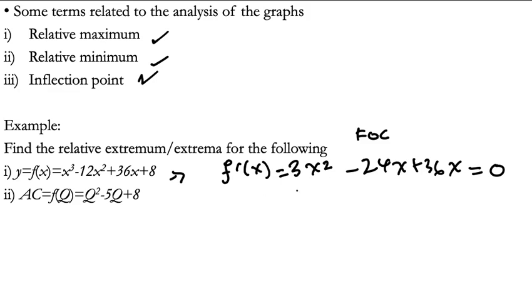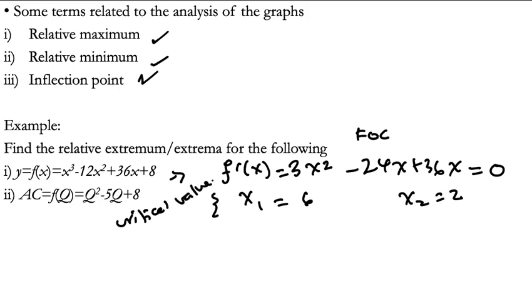Because this is a quadratic function, you can find x using factorization. I won't show you the method, you have to find it yourself because this is a very high school thing. So we have x1 equal to 6 and x2 equal to 2. These two are basically critical values.